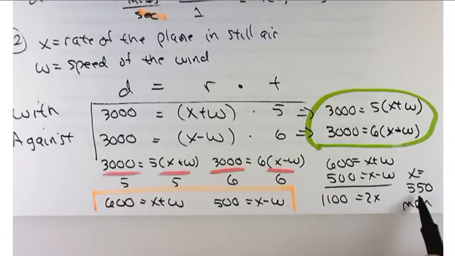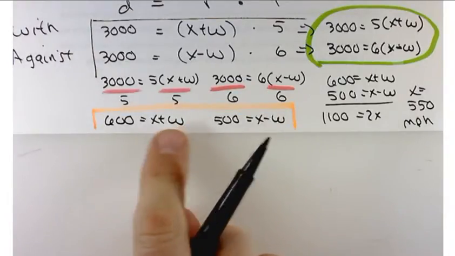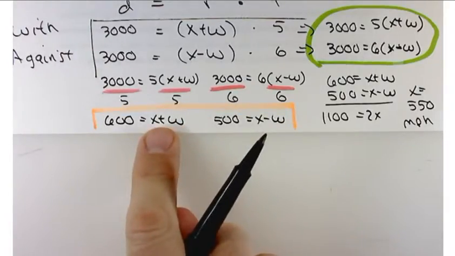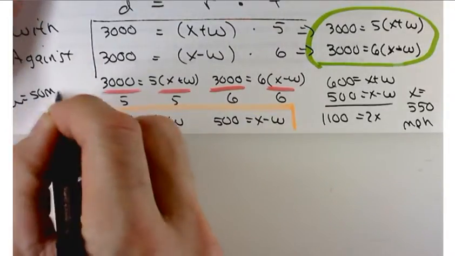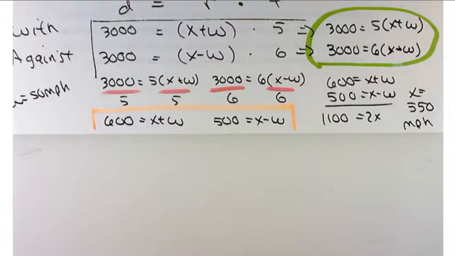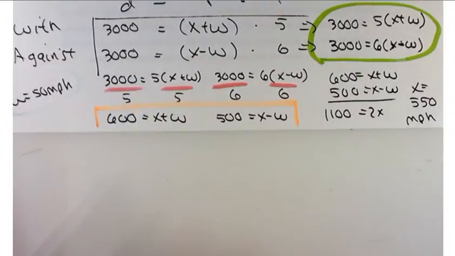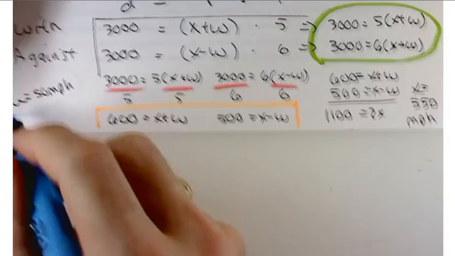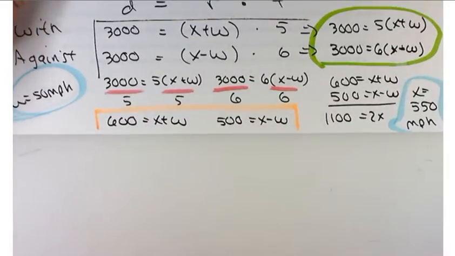If x is 550, can you see from that second equation what w would have to be? 50. So w is 50. So we got two solutions. You've got w is 50 and x is 550.